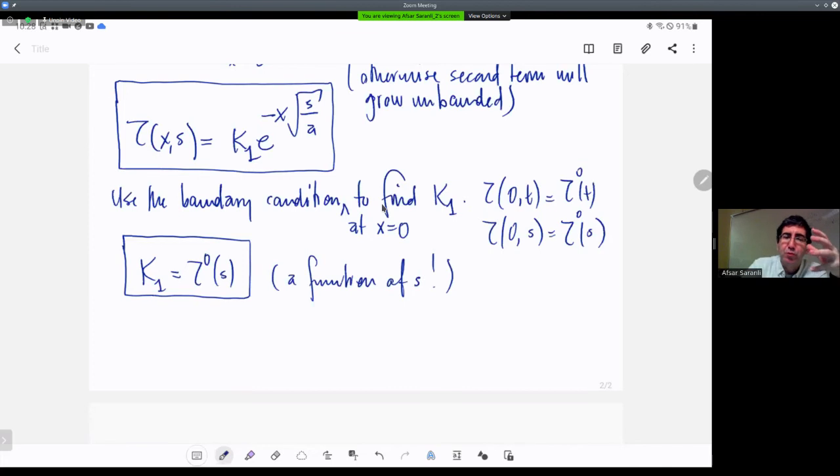Steady state'i bulurken zamana bağlı bir şey kalmadığını varsayıyorsunuz. Elektronik devrelerde zaten bir DC voltaj üzerinden, transient'ların bitip her şeyin steady state'e geldiğini varsayıyorsunuz. Burada da aynı şey. Temperature distribution'ın stabil bir hale geldiğini, steady state değerine ulaştığını varsayıyorsunuz.